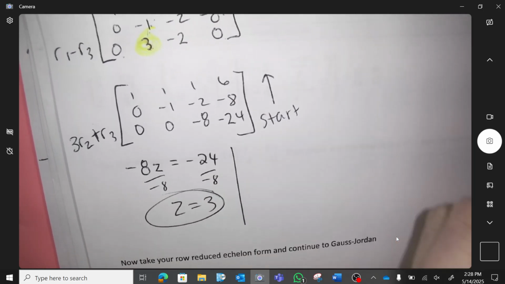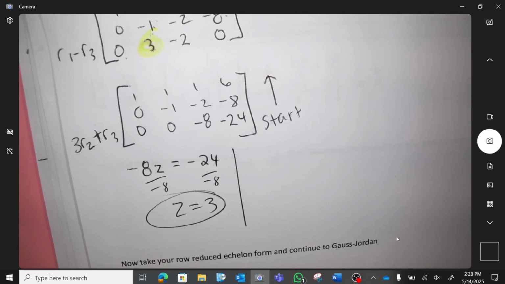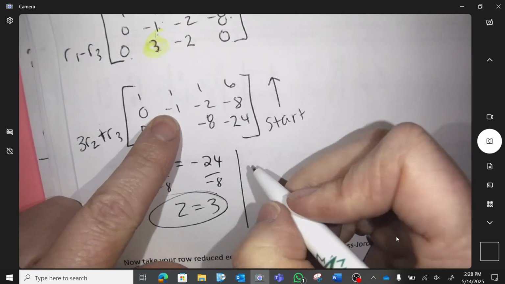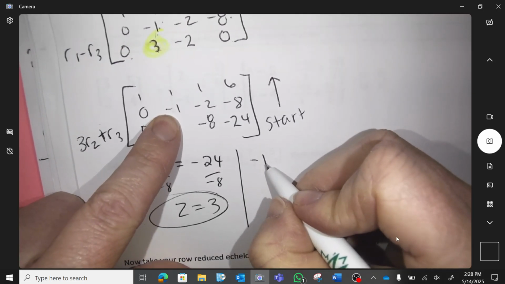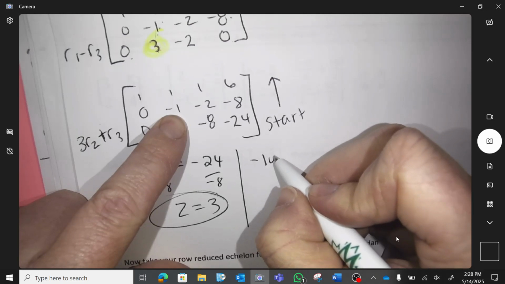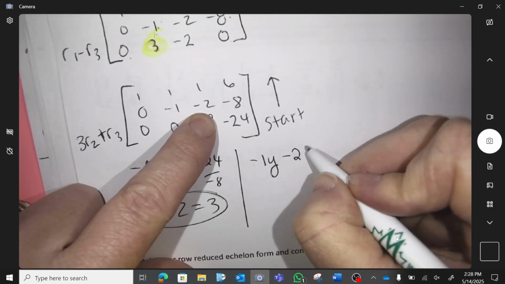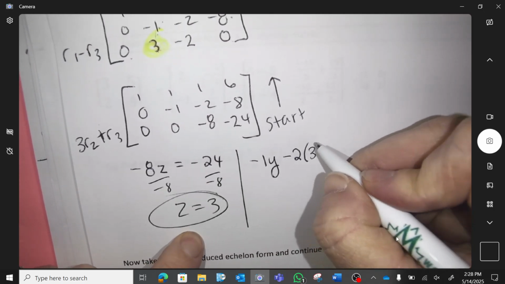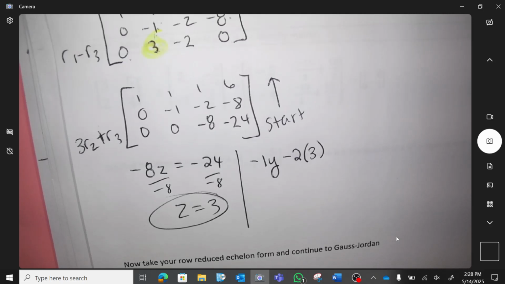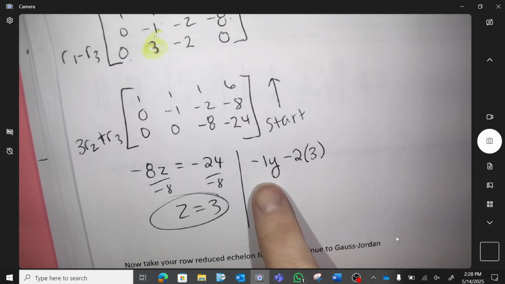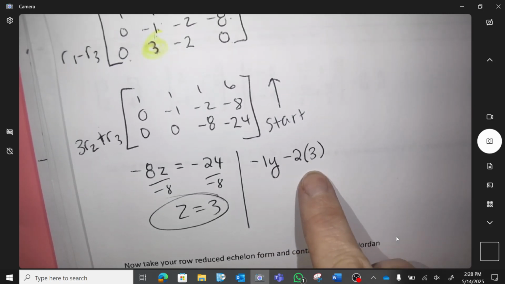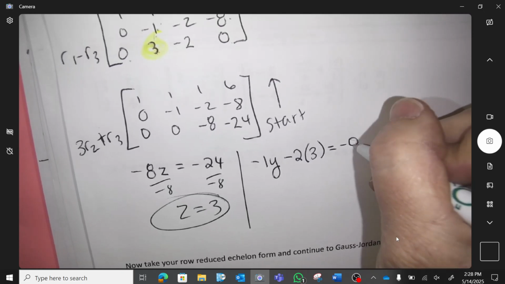Work your way up. So now let's go into the second. What do we have here? So negative 1 of which letter? Y's. Subtract 2 z's, but I'm going to use 3 instead of a z. Negative 1 y's minus 2 z's equals negative 8.